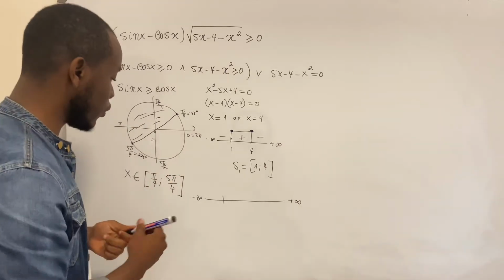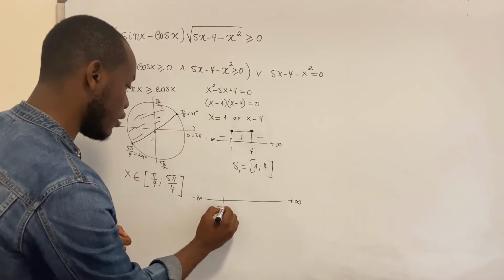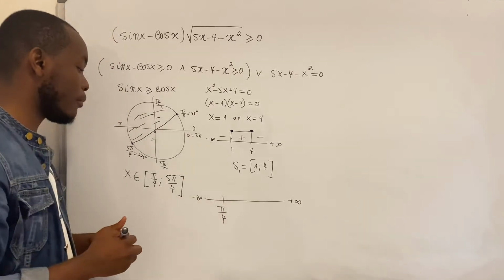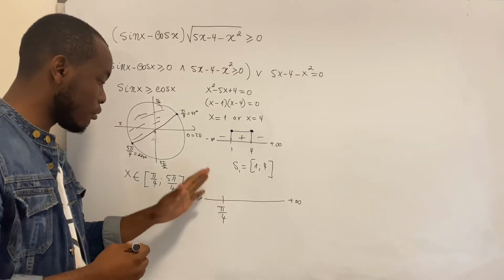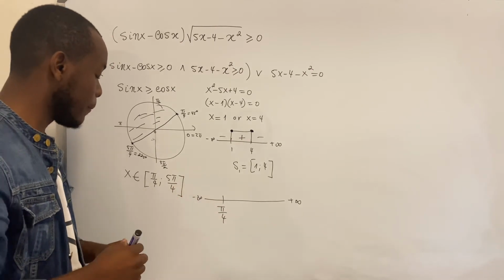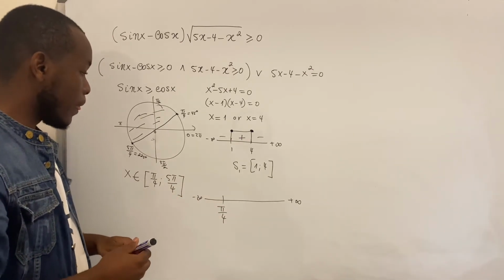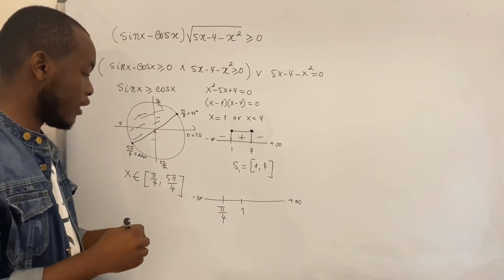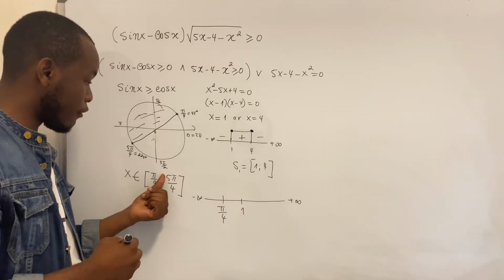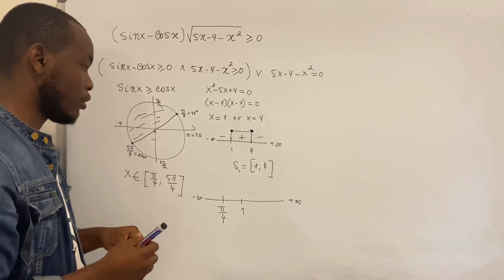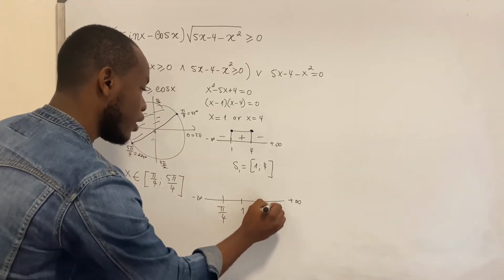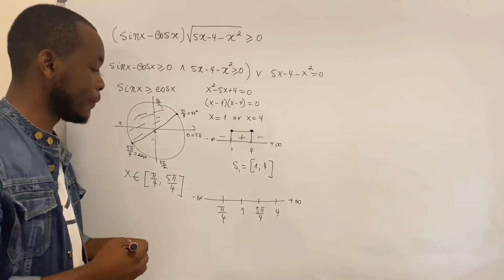So pi over 4 comes first, because it is 0 point something, and then we have 1, then 5 pi over 4, and then 4.